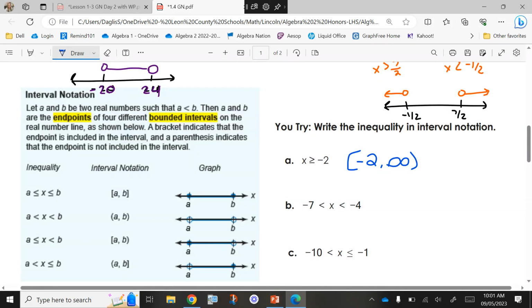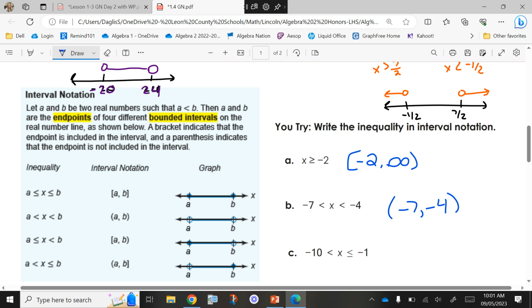If it's ever just less than or just greater than, there's going to be an infinity somewhere in there. But when you look at things like B and C, they have endpoints. My solutions are in between -7 and -4, so -7 is the lowest and -4 is technically the highest. Both of my signs are less than, so both of my symbols are going to be what?